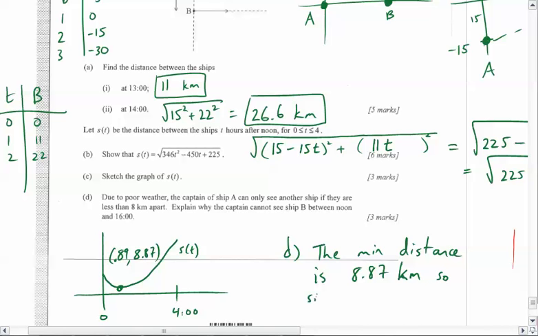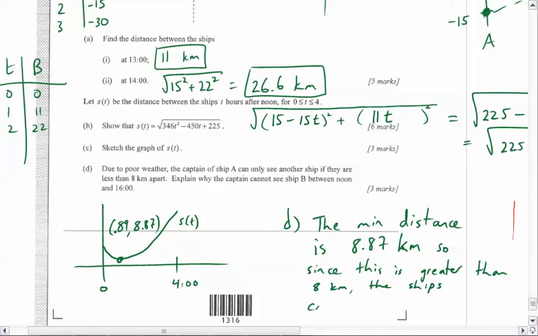So since this is greater than 8 kilometers, the ships can't see each other. So always make sure you include an explanation and words when it says explain. Okay, and that's it for paper 2.